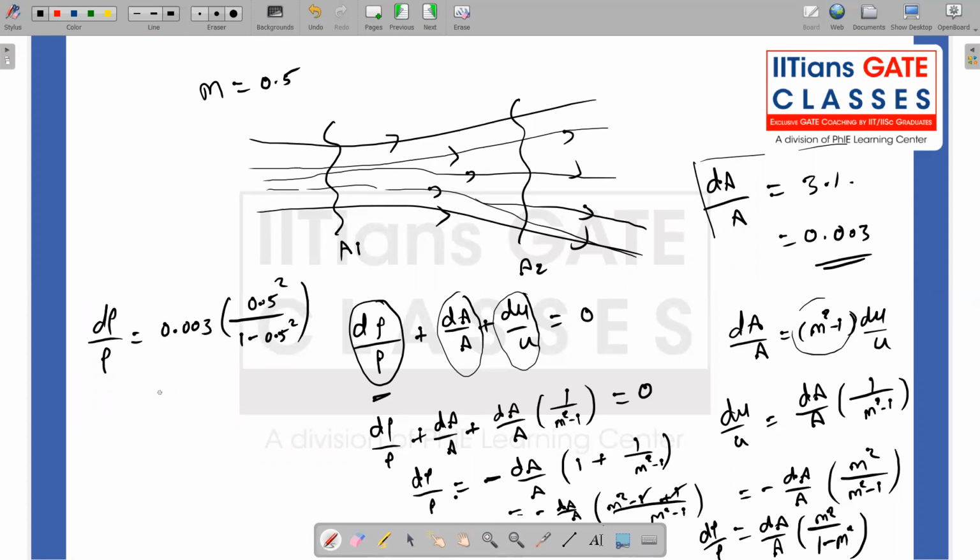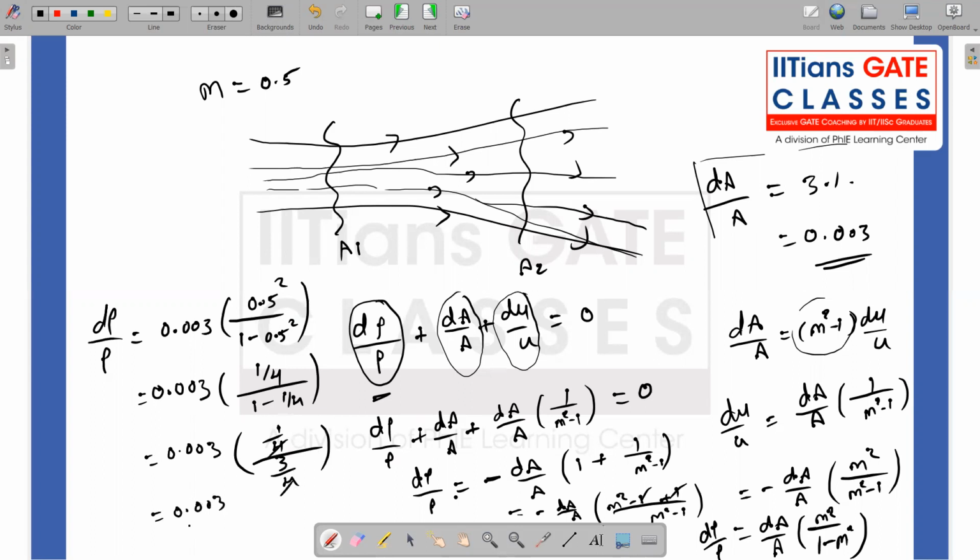So what is this one? 0.03 times 1 by 4 divided by 1 minus 1 by 4. If I take the LCM again, 0.03 times 1 divided by 4 minus 1 is 3 by 4. So 4 cancels. I get 0.03 divided by 3, that is nothing but 0.01.